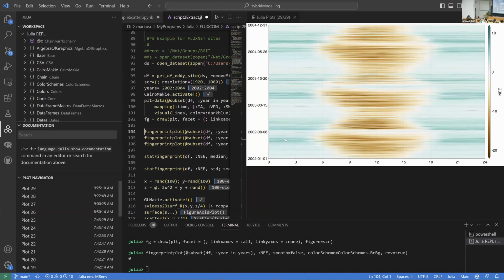So in the night it's positive, release by respiration, and then it's taken up because the sun is shining, and then there's release again. But we see also the seasonal dynamics here, it's pretty active, and then suddenly the white, not much happening. Again, not much happening in 2003 in particular.